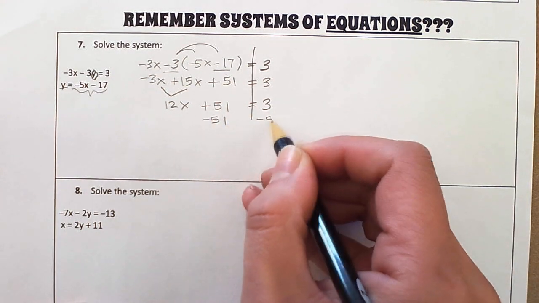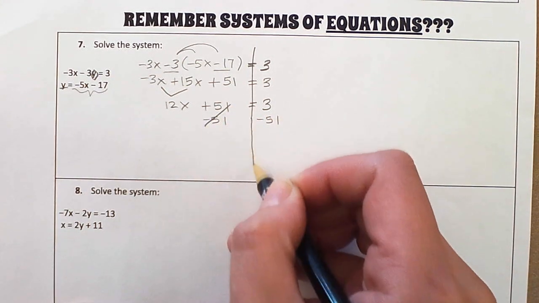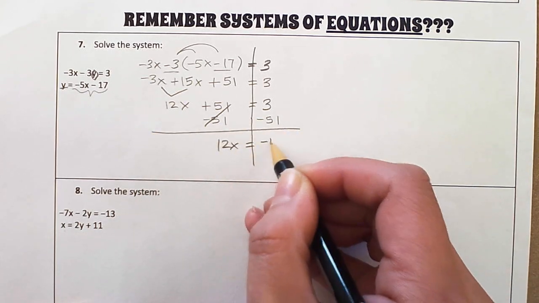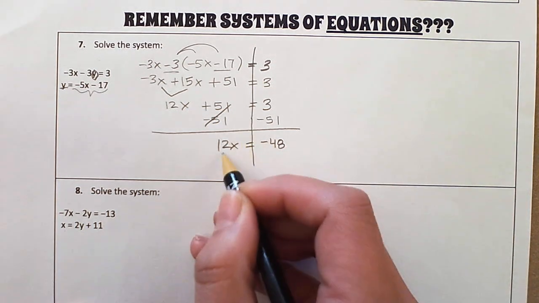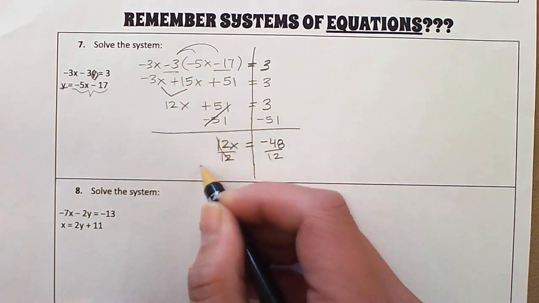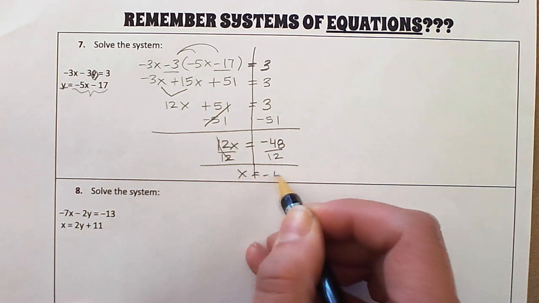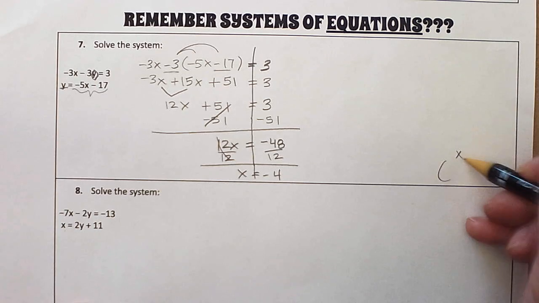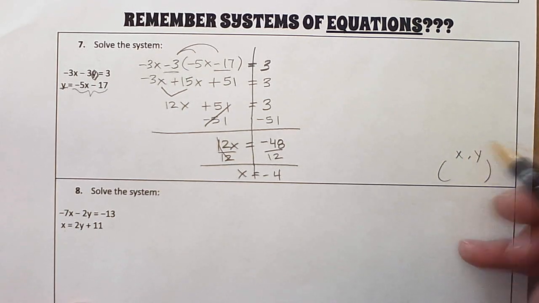Inverse operations. Careful here, it's negative 48. And divide. Ta-da! But remember, we need x comma y.